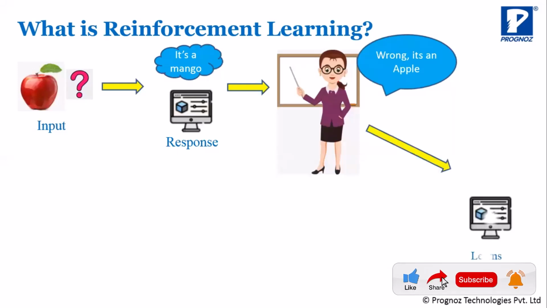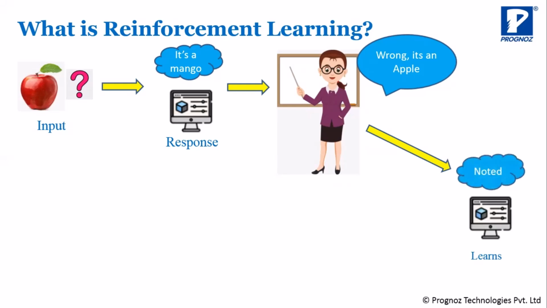So now what the machine will do, it will try to learn this information. It made a mistake, so from the mistake, it is learning. So it will say, okay, I have noted this. Next time I will remember this. So first the model was built. Based on this, we tested the model, but the model predicted the wrong output. Based on the wrong output, that information was again given to this machine.